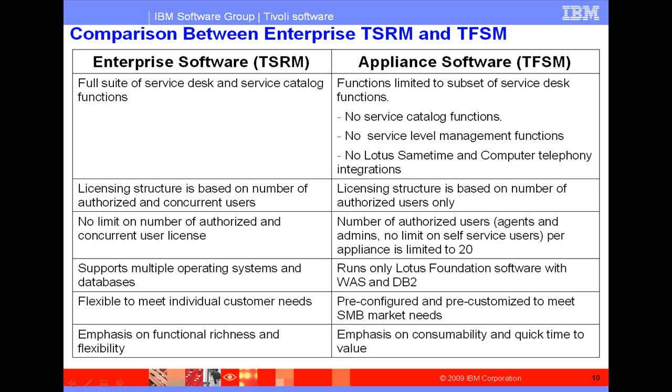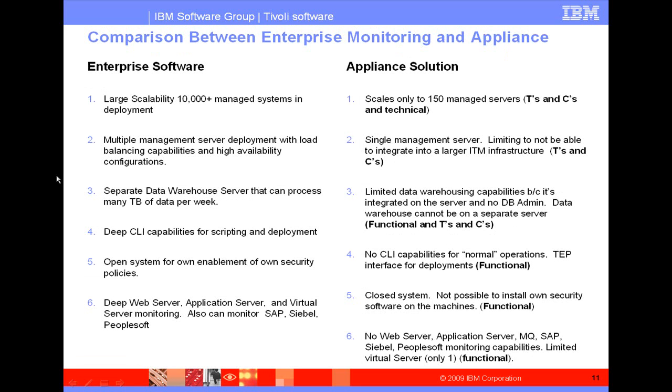The bottom line is the enterprise software suite is the full enterprise product, and the appliances are meant for a smaller number of agents and a smaller number of users in both cases, whether it's the Service Desk appliance or the enterprise monitoring appliance, the same thing applies. The enterprise one scales to large numbers where the appliance one may only scale to a smaller number of servers and only support a smaller number of users.